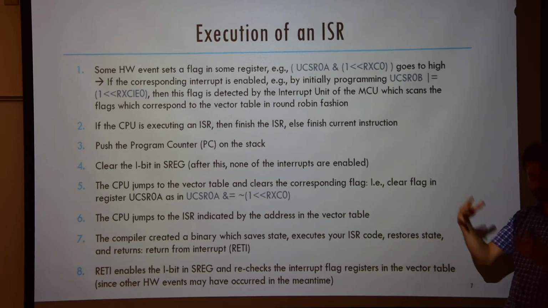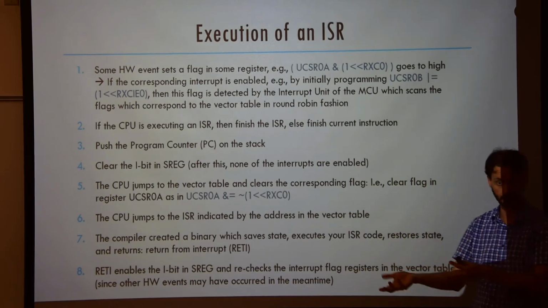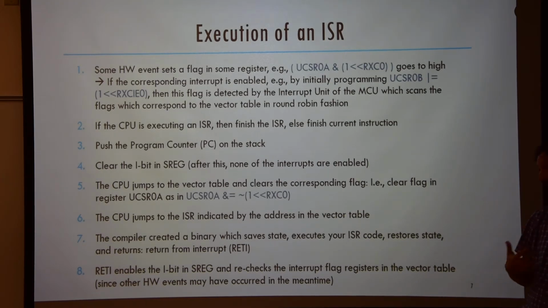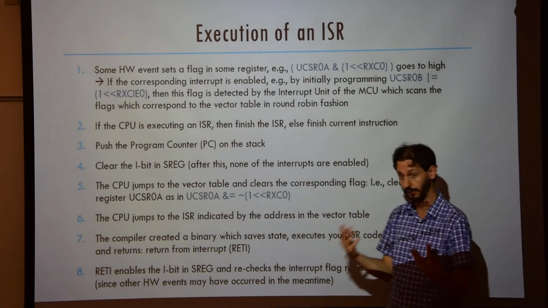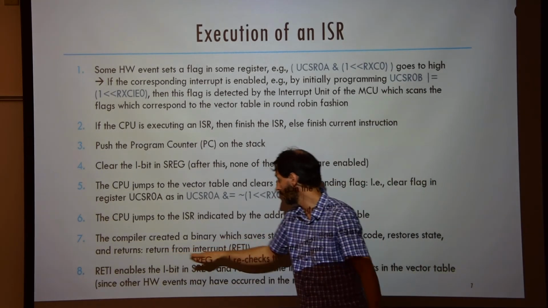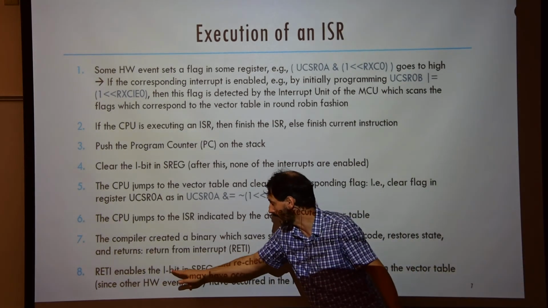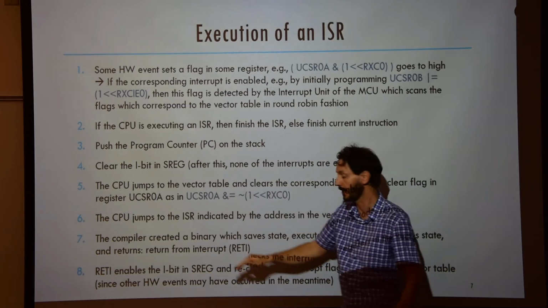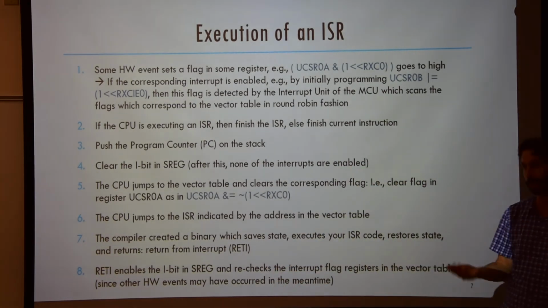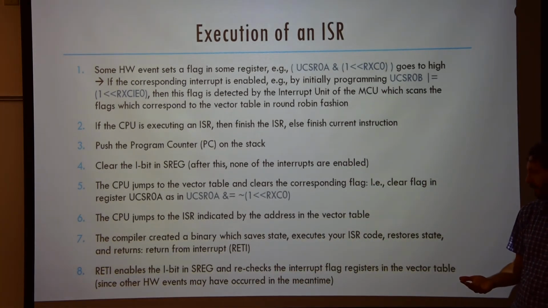After that, it restores that state, the 32 registers that it had saved, so that as if nothing had been done from the perspective of the main program, everything is back and restored. And now you return from interrupt. That actually enables the I bit in this particular register again. It means that all the interrupts are again enabled. There's a global enabling.